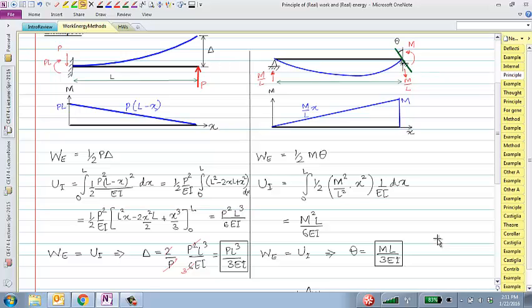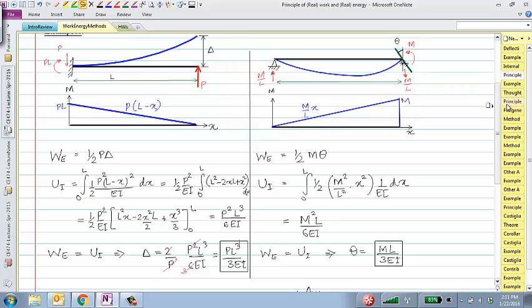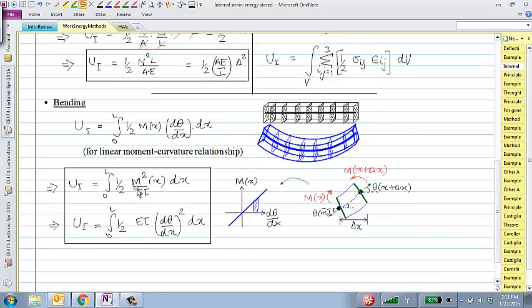Sum of different integrals. So I guess you're saying if there's multiple sections and different equations within each part, you always do m square. No matter how complicated a bending moment diagram you have, all you need to do is to find the square of that expression and integrate it.